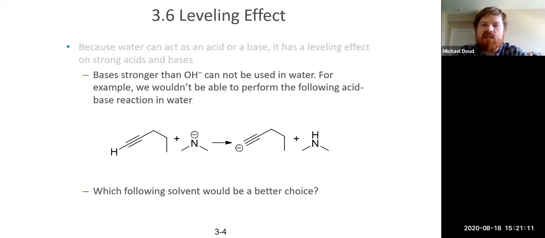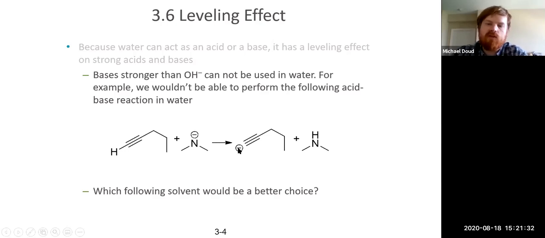Similarly, if you have a base that's stronger than hydroxide, you can't use that in water. I already mentioned NH2-. So this is a kind of an ammonia anion. Here, if we're going to do this reaction where we deprotonate this terminal alkyne, this lone pair has to pick up this proton here.